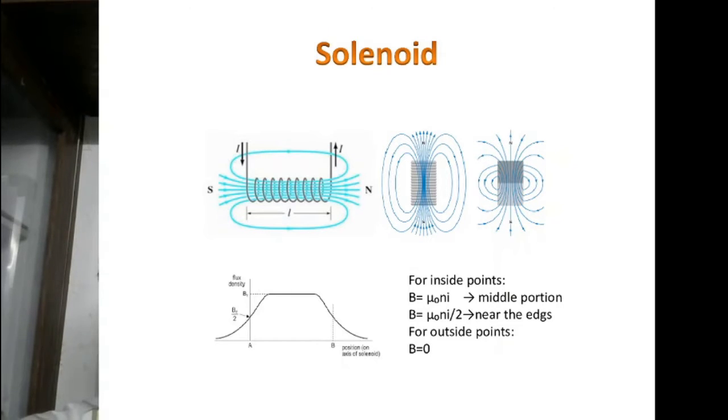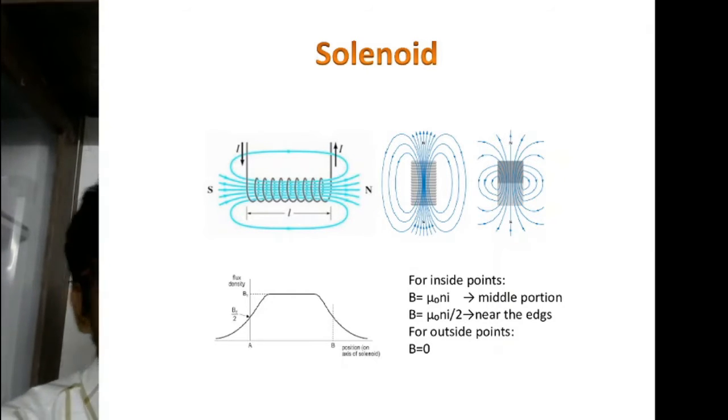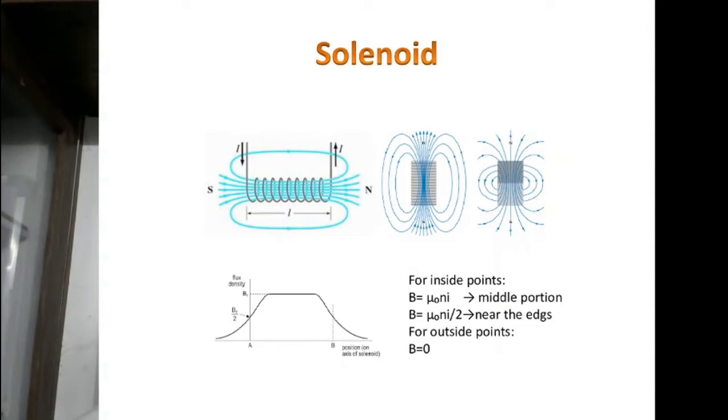Where do you have the dense pattern of field lines, both inside the bar magnet and inside the solenoid? So here we use Ampere's law basically to find the induced field inside of the solenoid.